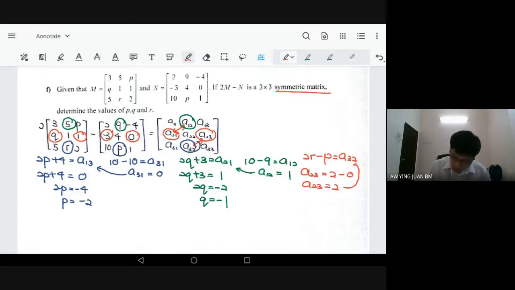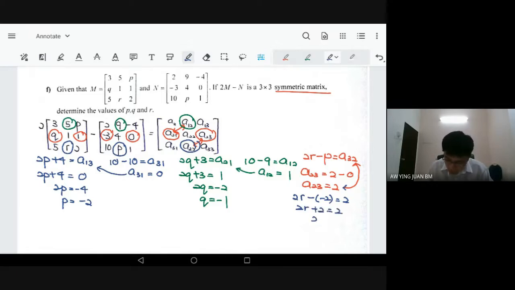Kindly substitute. Then from here, we have 2R minus the P. So substitute P equals 2, because A23 is equal to 2 and A32 is equal to 2. So 2R plus 2 equals 2.